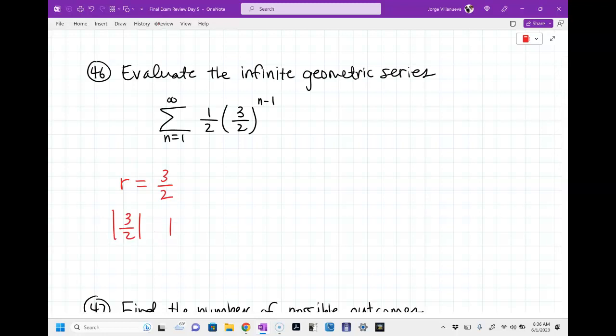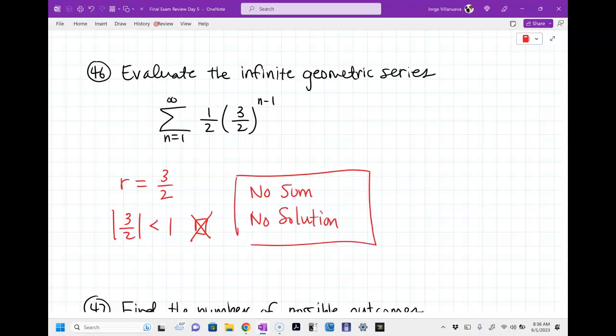Sorry, it is greater than 1, but I want to ask if it's less than 1. That's a no. So you're going to write either no sum or no solution, whatever they tell you to put, that basically says you can't add it. That one we can't do because the r value is too big.